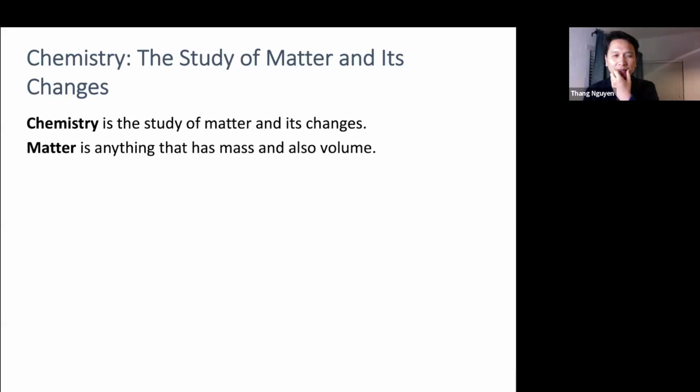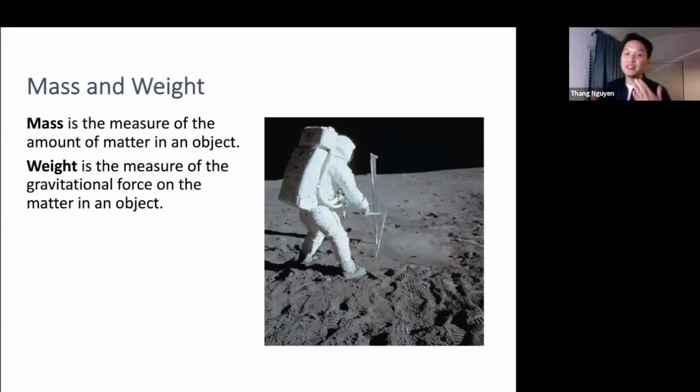So what is mass? Mass is very similar to the concept of weight, right? So mass is a measure of the amount of matter in an object. So the more matter you have, the more mass you have. Now, weight is very similar. It is a measure of the gravitational force on the matter in an object.